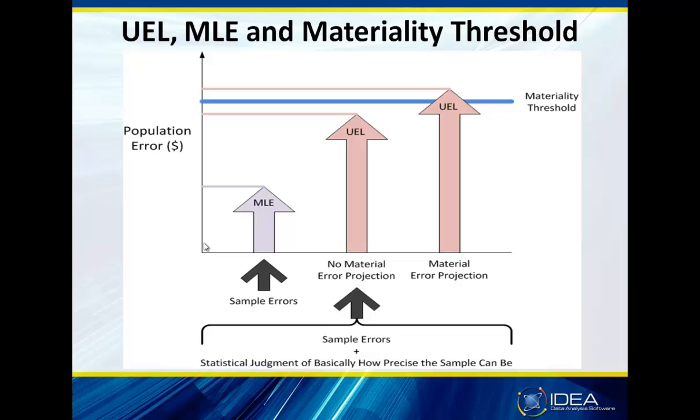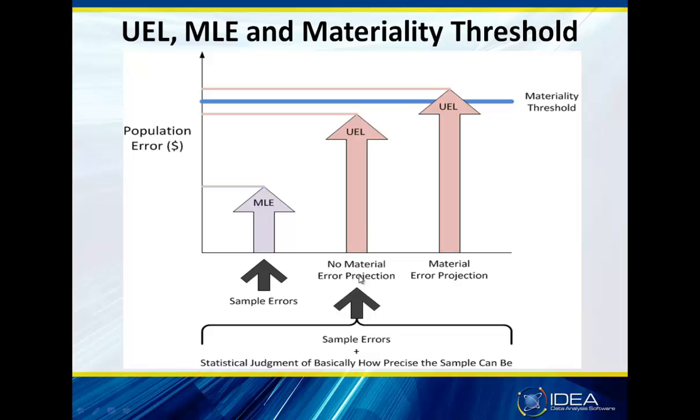This chart here allows me to illustrate a little more visually what I was just talking about. As you can see here, based on the sample errors, we were able to project the most likely error for the population. On top of that, based on the sample errors and based on our basic precision, which is a statistical judgment of basically how precise the sample can be, we then can project the upper error limit.